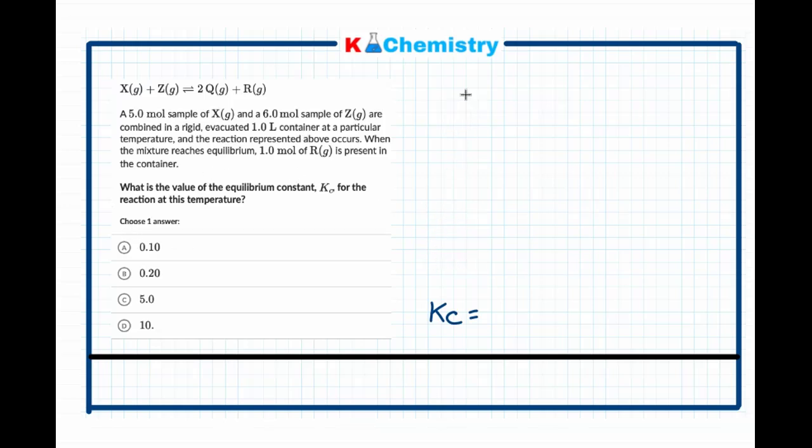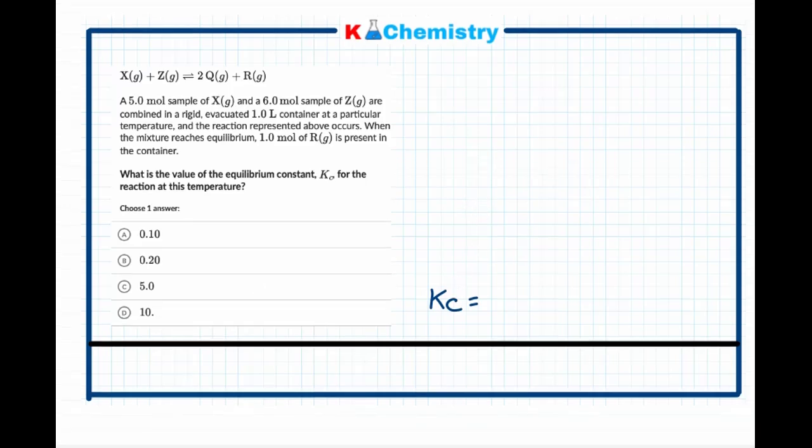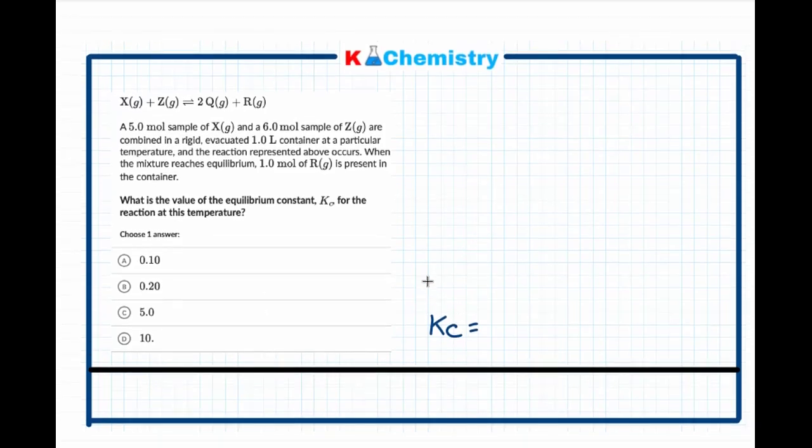So let's write the equation: Kc is equal to the product concentration, R, raised to the power of 2 because the coefficient is 2, and then we divide this by the reactants. I have X multiplied by Z, both raised to the power of 1.